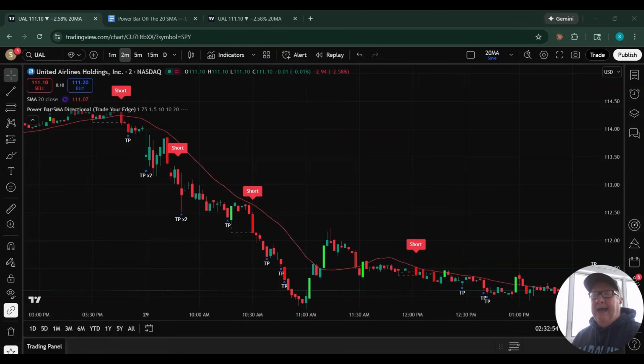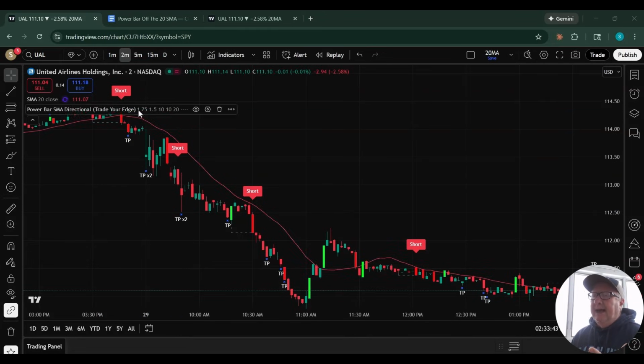What's helpful about the power bar is that it captures all of that information in one bar and allows for an efficient entry into the trade, knowing exactly where your stop is, knowing which direction you should be going in the trade, and even knowing what kind of profit you should be shooting for with each particular trade. You can see, again, with the indicator that I put together, the take profit levels are established.